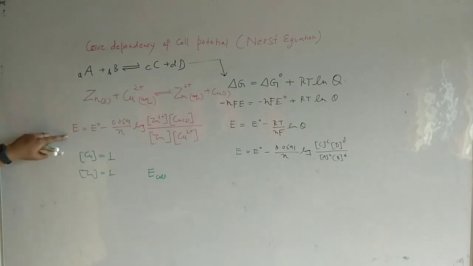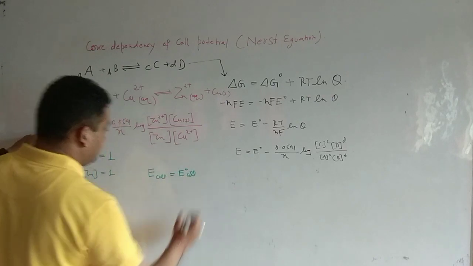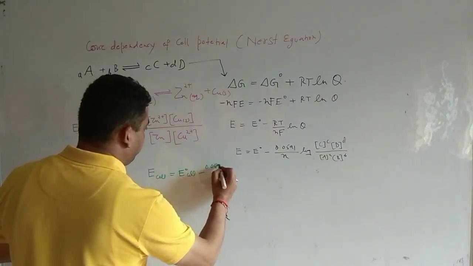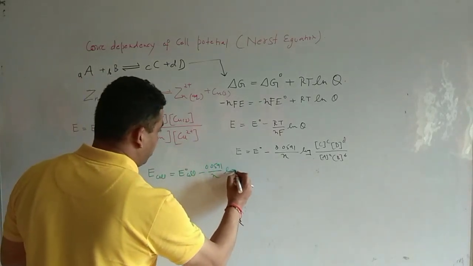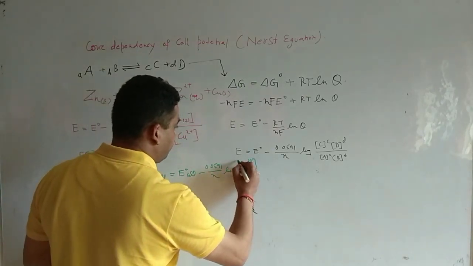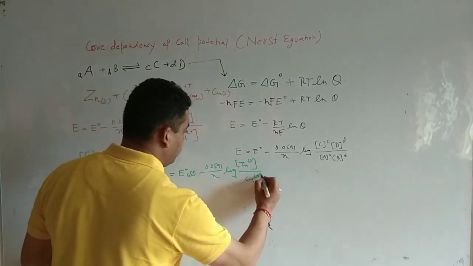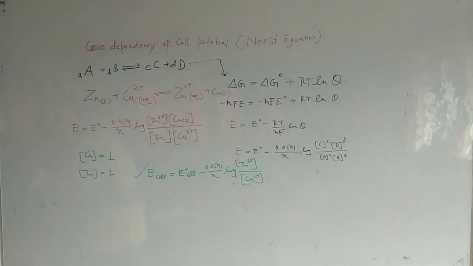So we can write E cell equals E standard cell negative 0.0591 divided by N log of Zn2 positive divided by Cu2 positive. So this is how you can write the Nernst equation for any reaction.